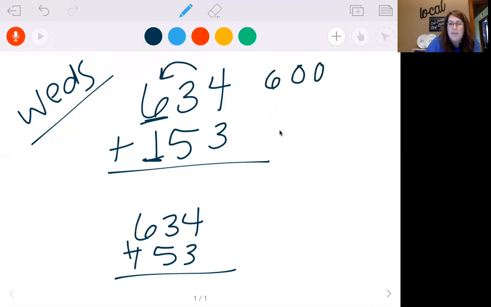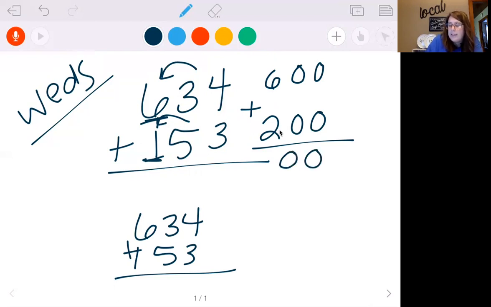I put zeros after it. 5 makes that 1 go up to a 2 with zeros after it. And if you look at this one, it's very similar to front-end estimation, but you do have to round. You won't get the same answer every time. 0 plus 0 is 0. 6 plus 2 is 8, so we get about 800.